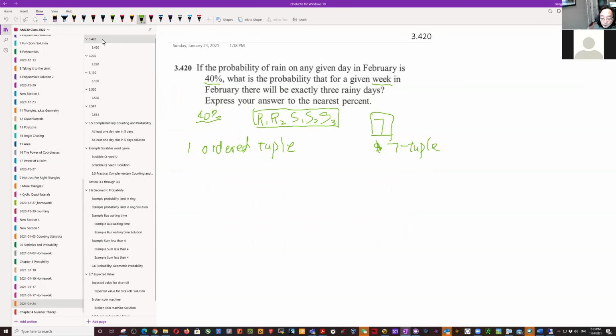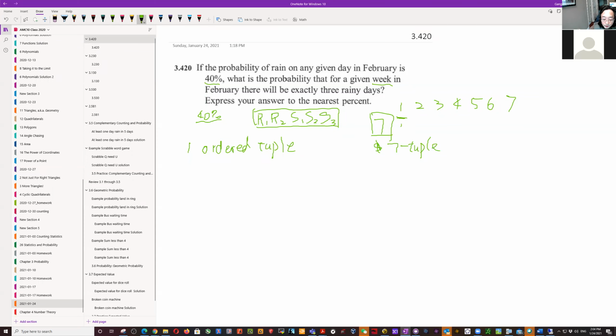We have 7 positions, 1, 2, 3, and 4, 5, 6, 7. If you really imagine, without restriction, the sample space is that for each position, you are free to choose between those 5 letters.